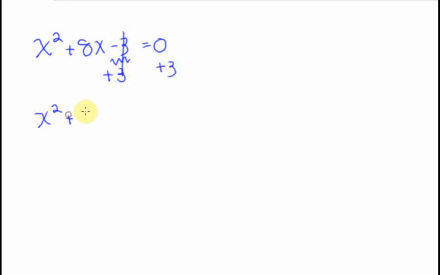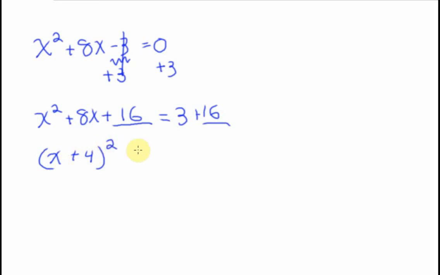So x squared plus 8x plus blank equals 3 plus blank. Whatever I add to one side, I have to add to the other. So let's see. Half of 8 is 4. 4 squared is 16. So if I add 16 to each side, this will factor into x plus 4 times x plus 4, x plus 4 squared. And this is just 19.